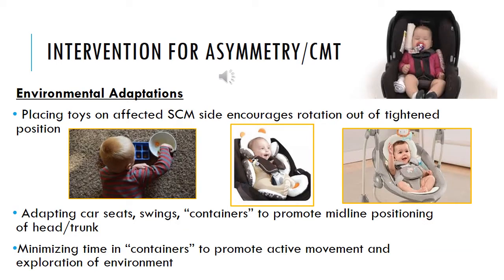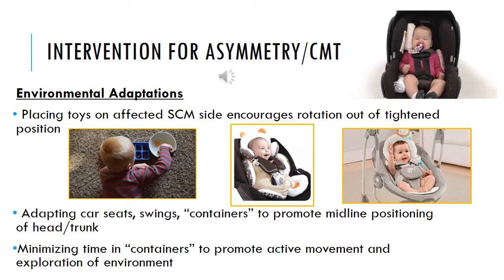Another extremely important aspect of intervention for the infant with torticollis or some asymmetry is to adapt the environment to afford the child the opportunity to actively move out of their preferred positioning posture. This could be done through a variety of strategies as it relates to placing toys and food sources on the side in which the child does not prefer to rotate towards.